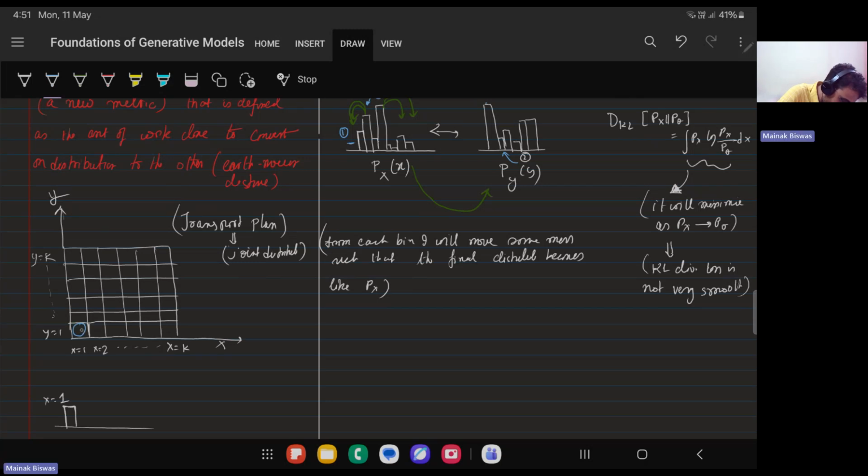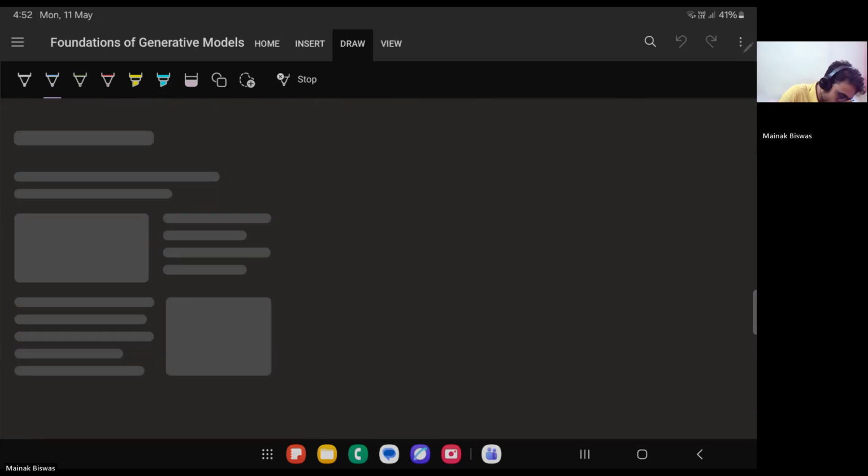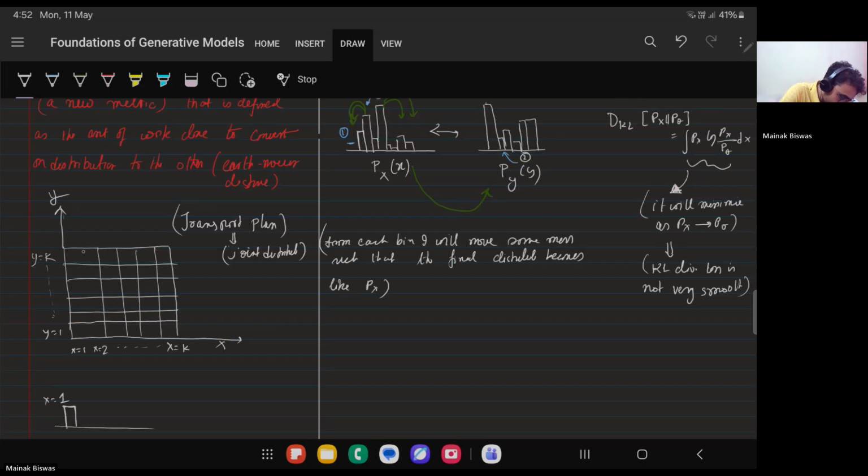I'm putting some percentage of mass on Y equal to 1. This is M11, this is say M12, M13, all the way to M1K.